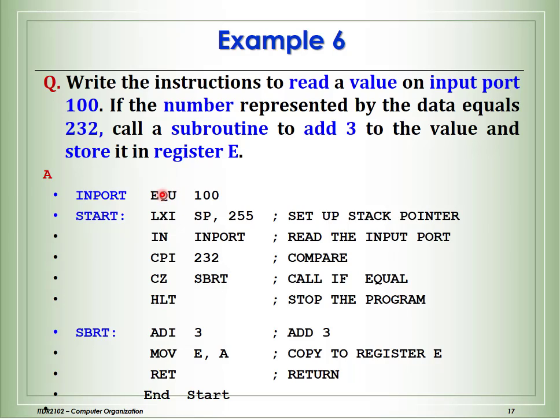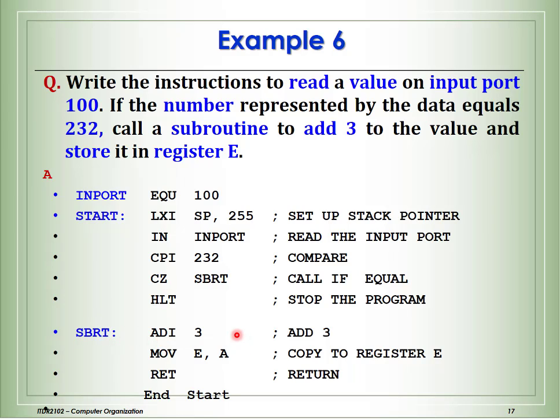Input starts with user-defined names or labels. This is a directive, as I told you, EQU 100, so assign 100 to the input port address. Now we set up the stack pointer, which is a 16-bit address, and then we read the value from address 100 and compare. Here you see CPI 232. We compare the value 232 with the accumulator. If the value of the accumulator is equal to 232, then the condition is satisfied and the control will move to the subroutine.